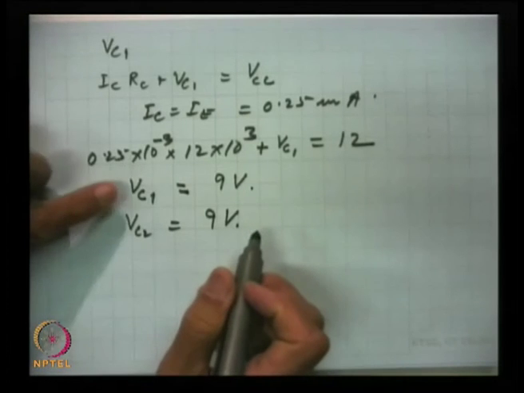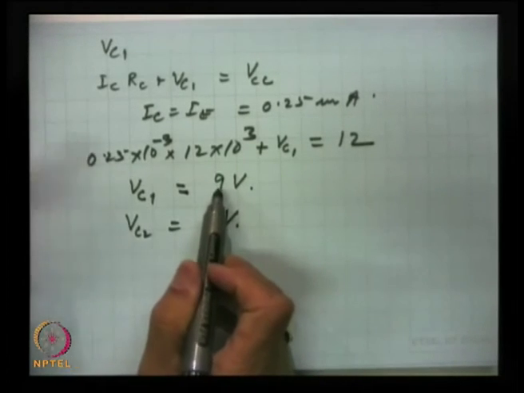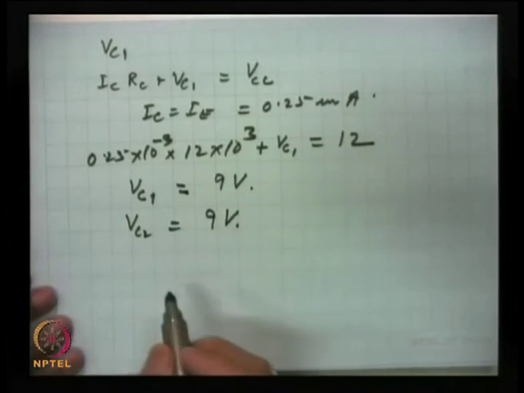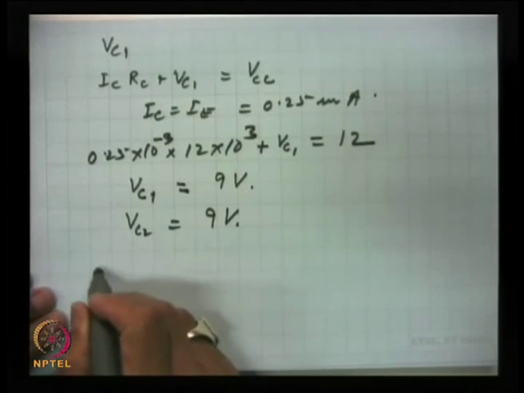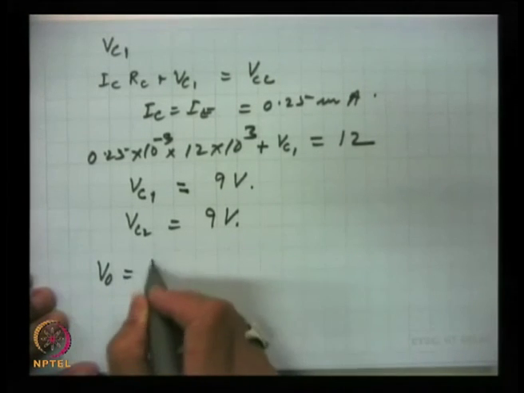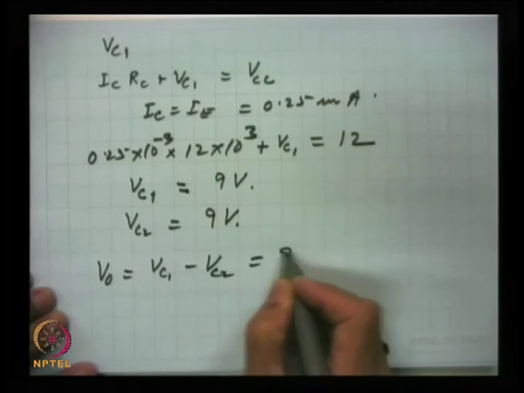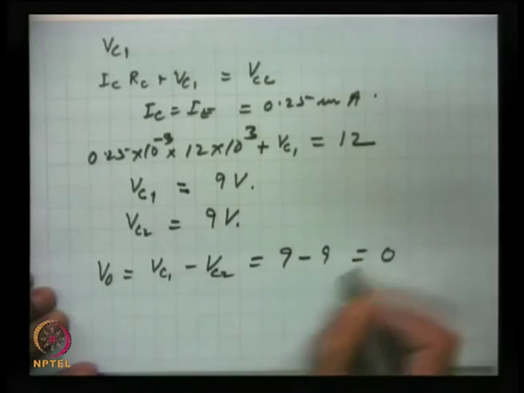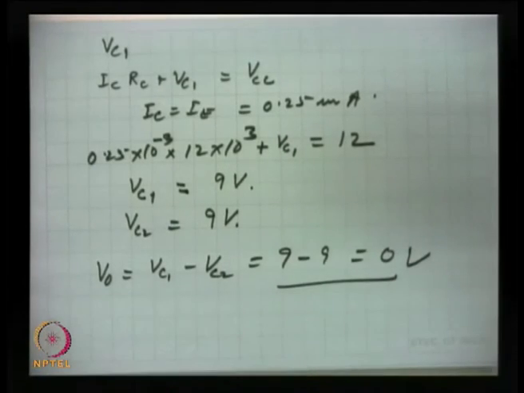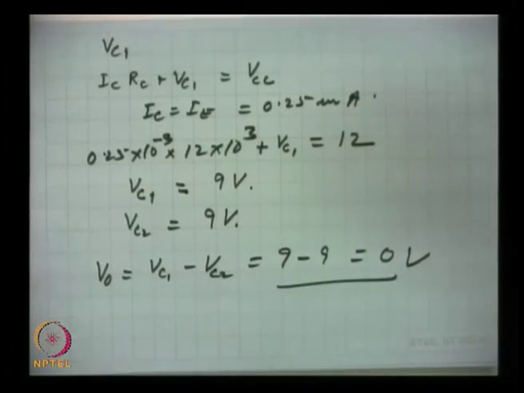So, this is the potential with respect to ground, and between the two, V out is Vc1 minus Vc2, and both are 9 volts, so the difference is 0. As we expect, for no signals or same signals, the output will be 0.